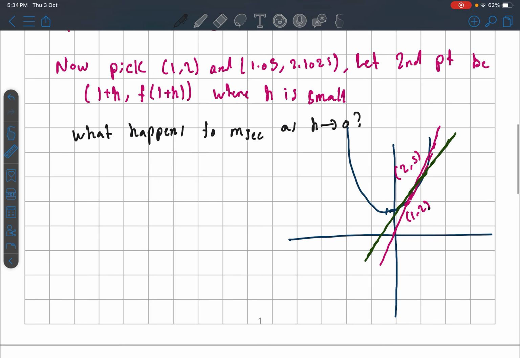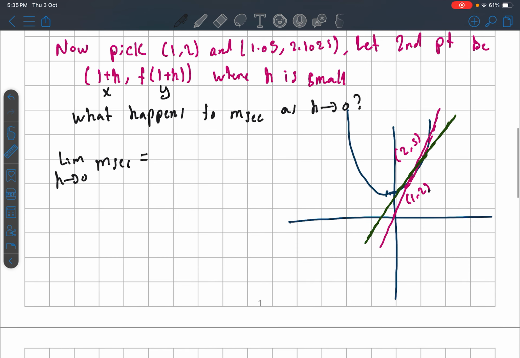So basically we have to take the limit as h approaches 0 of the m secant. So m secant here, f(1 plus h) represents y, and 1 plus h represents x.